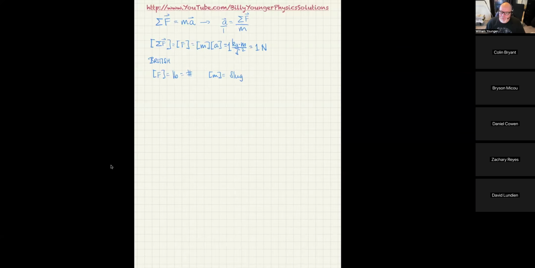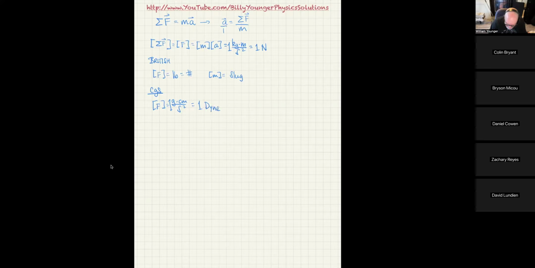Now, if we were in the CGS system, the centimeter gram second system, then the unit of force would have been grams centimeters per second squared, and that is called one dyne.